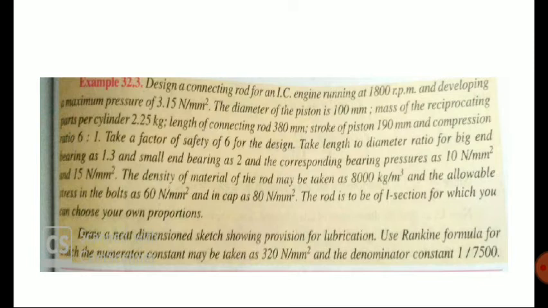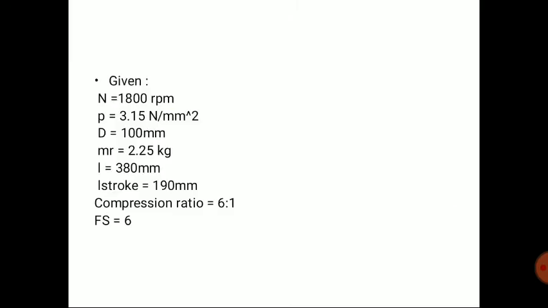Take length to diameter ratio for big end 1.3, small end 2, and corresponding bearing pressure 10 and 15. Density of material 8000, allowable stress in the bolt 60, cap 80. The rod is an I section. Draw a neat dimensioned sketch showing provision for lubrication. Use the Rankine formula, with the constant in the numerator 320 and in the denominator 1 by 7500. So these are the given data.